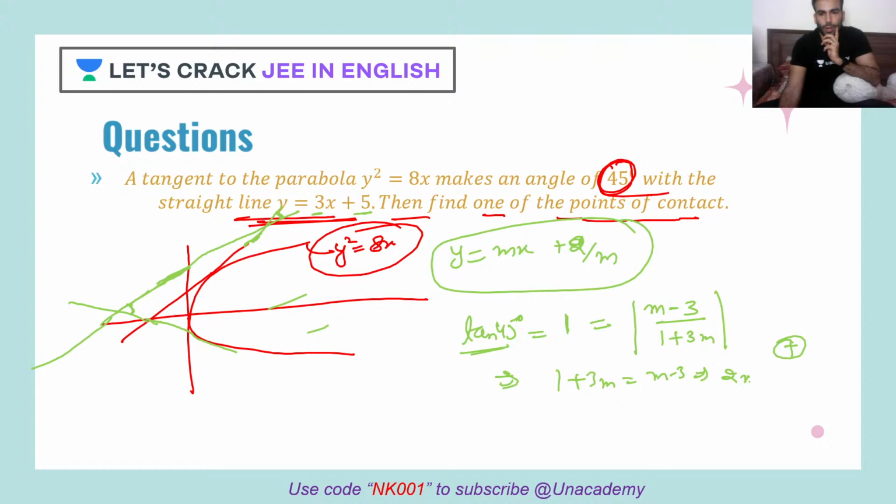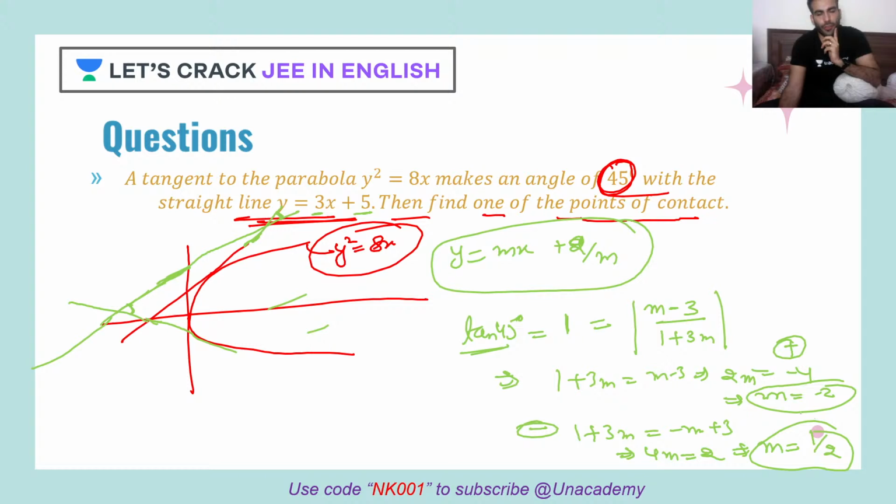So 2m is equal to minus 4, so m is equal to minus 2. And when I take negative while opening the mod, I get 1 plus 3m is equal to minus m plus 3. If I solve it, 4m is equal to 2, so my m becomes 1 by 2. So I got two values of m.